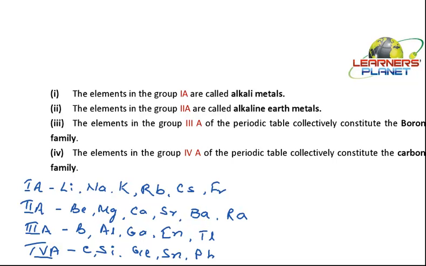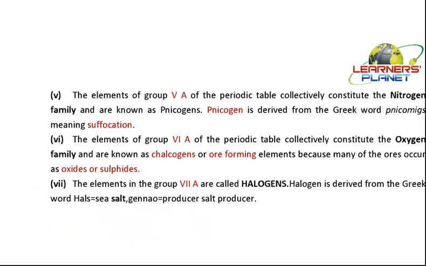Now let's take up few more elements here. The elements of group 5A of the periodic table collectively constitute the nitrogen family and are known as pnicogens. Why are they known as pnicogens? This name is derived from the word pnigein, meaning suffocation.